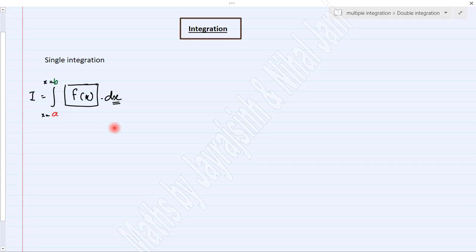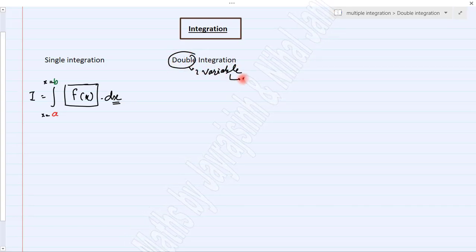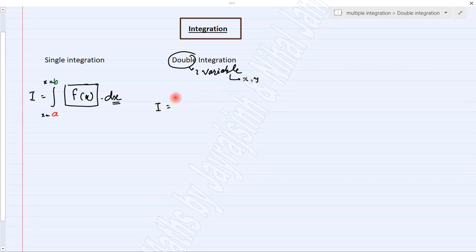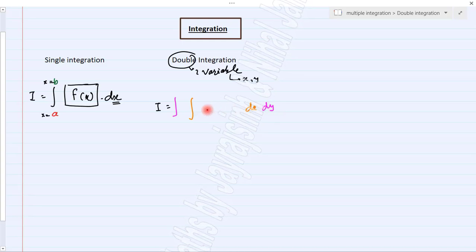So let's move to the double integration, in which we have to deal with two variables. Let's take the most familiar variables x and y. Here we will have two layers of integration. Let's say integration with respect to x and integration with respect to y of a function of x and y.